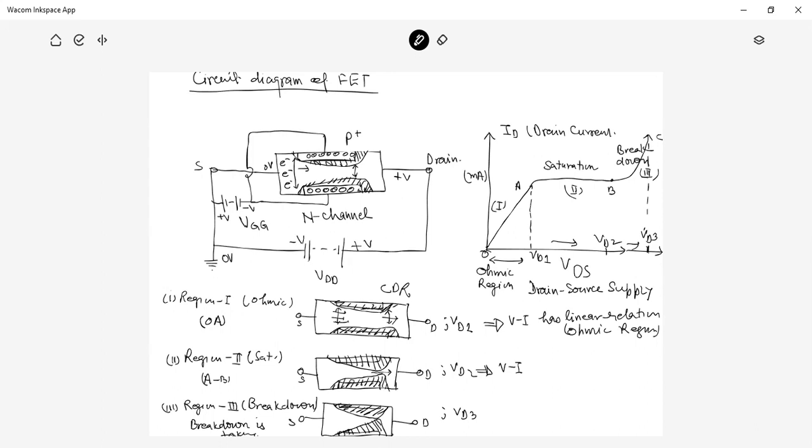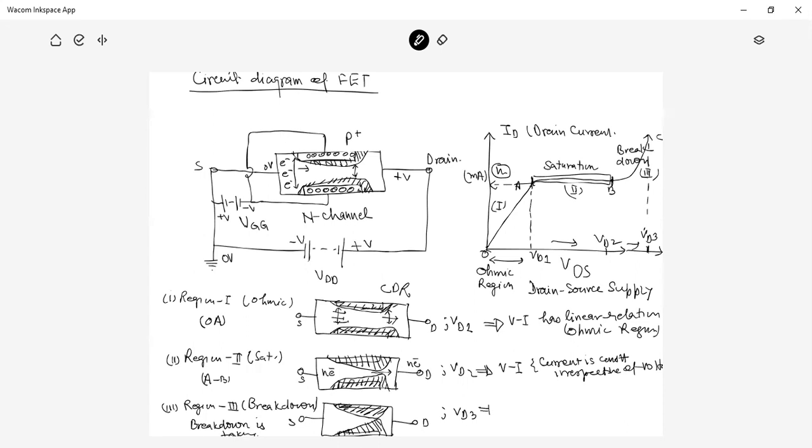Current is constant, irrespective of voltage, from A to B. Means if N is the number of charges, the N electrons entering from the source, those N electrons are coming out from the drain.